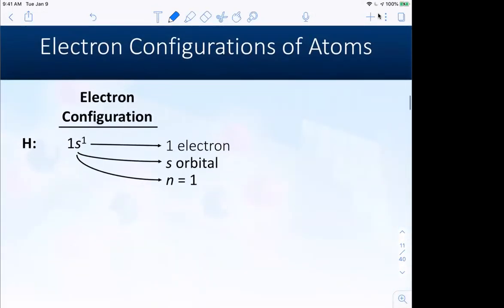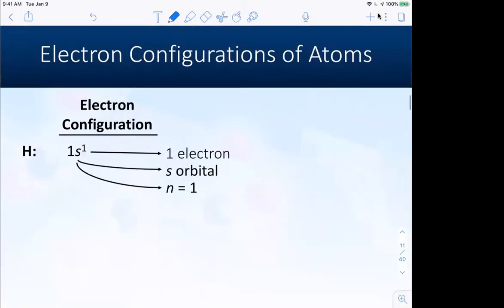So let's go through this together. Hydrogen is atomic number 1, with 1 electron. It's in the first energy level, which is n equals 1. It's in the s orbital because that's the only subshell that's available in the first energy level. So my electron configuration is 1s1.